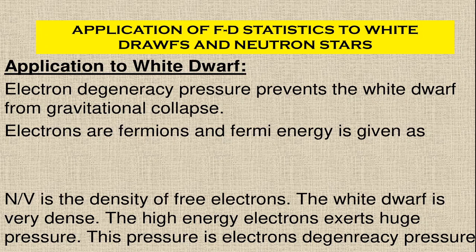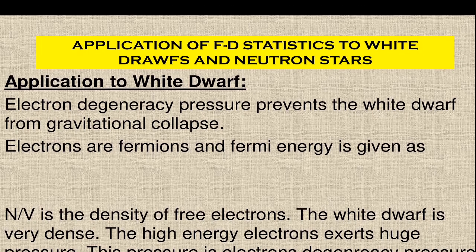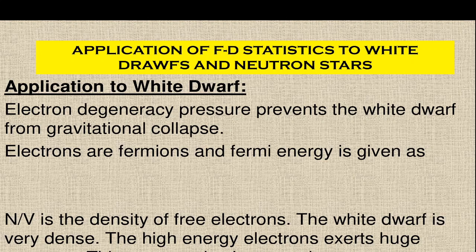In the case of metals, we have already seen the equation for the Fermi energy: EF is equal to h squared by 2m into (3 by 8π, n by V) whole to the power of 2 by 3, where EF is the Fermi energy, h is Planck's constant, m is the mass of the electron, n is the number of electrons or fermions, and V is the volume.